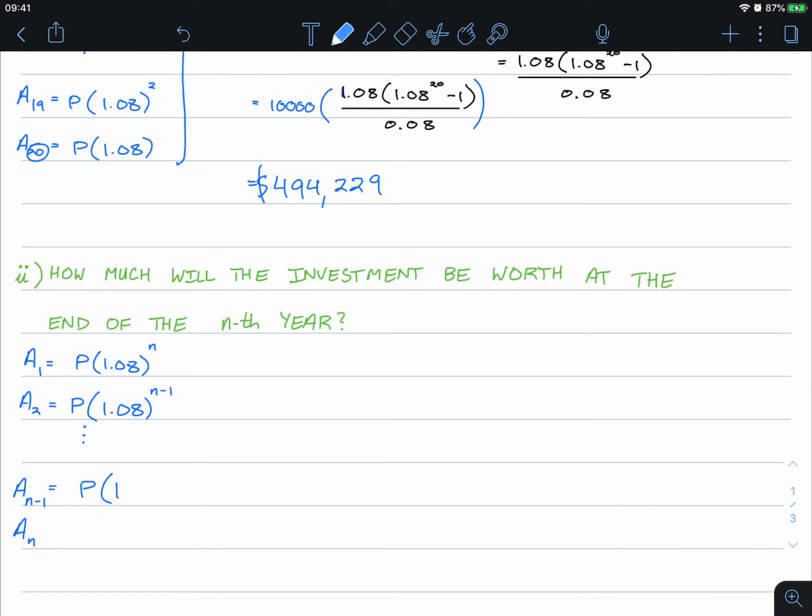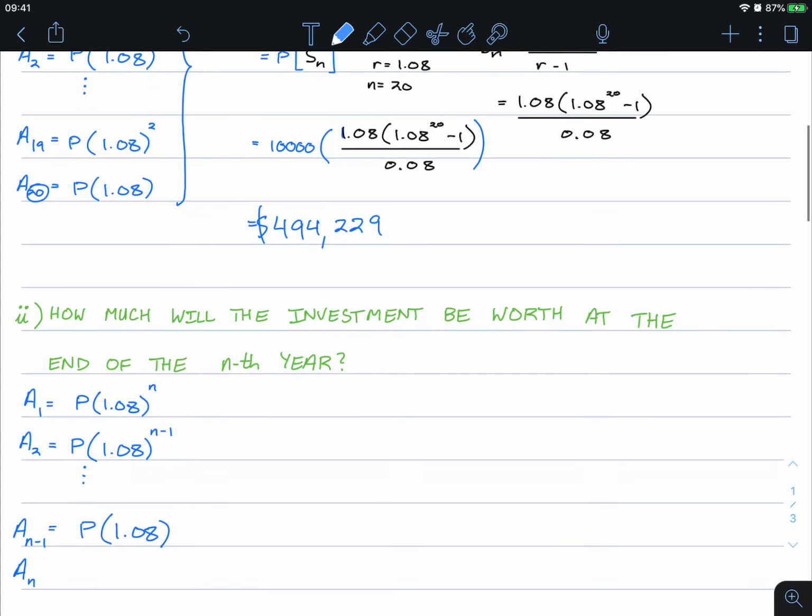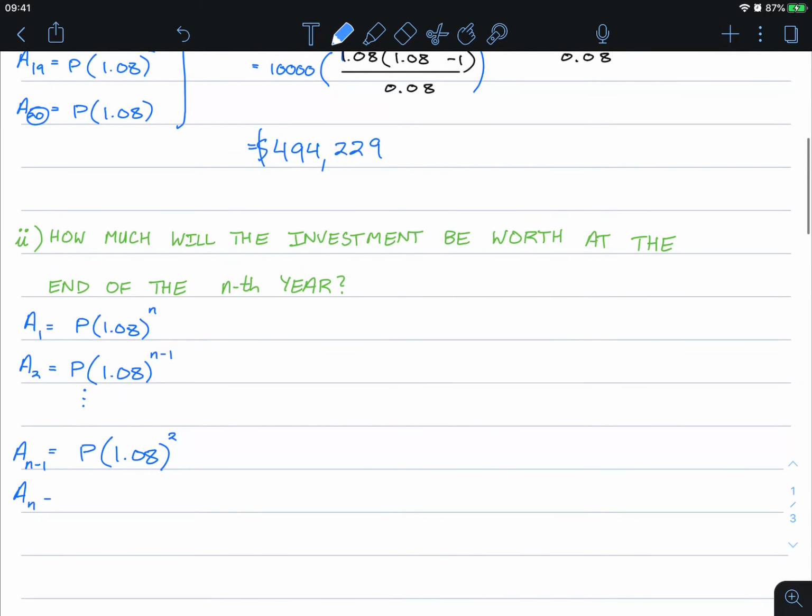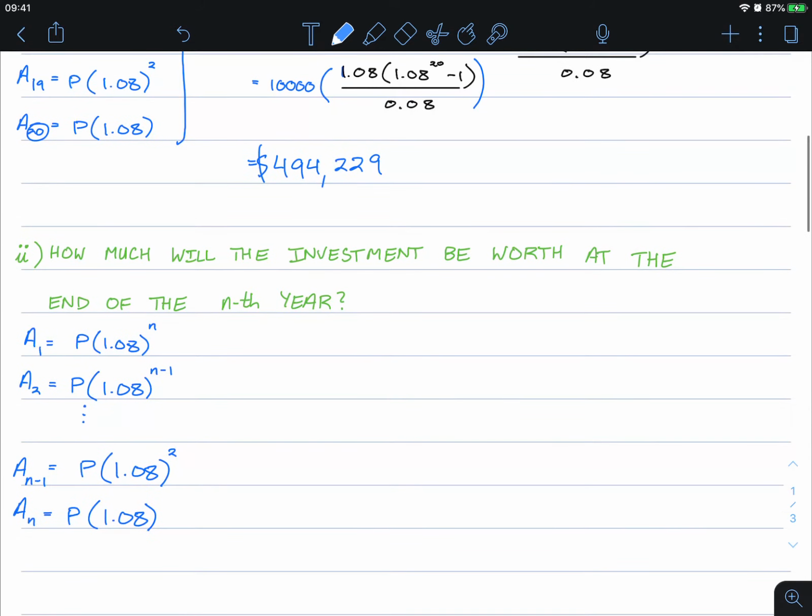P times 1.08 to the power of, well, the second last investment was squared, so it's going to be squared as well. And the very last investment is just to the power of 1. Even if it was 20, the last investment will only occur for 1 year.